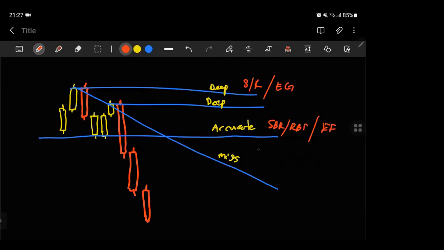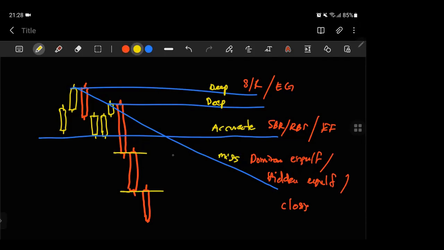For the miss, it will happen something like dominant engulf, or some people call it hidden engulf, or for most SNR users, they will call this closing price. So this is also counted as miss.